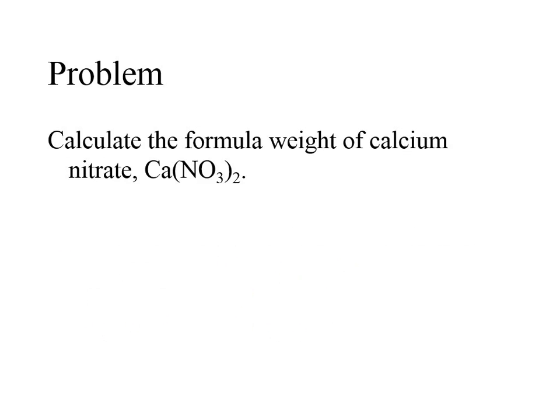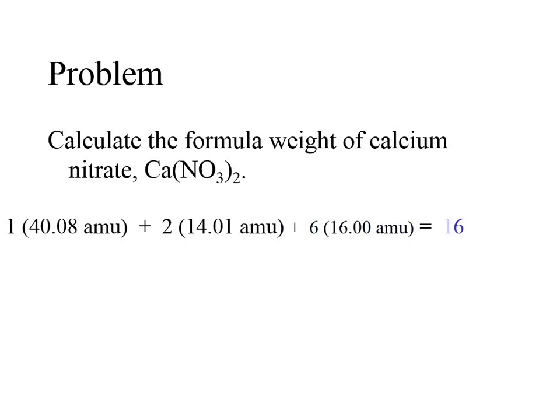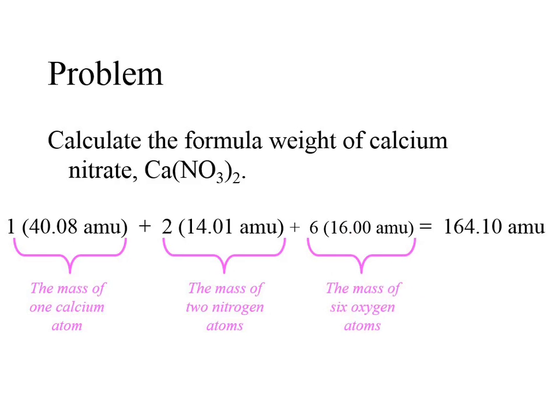Let's do another one. Let's do it for calcium nitrate. Since calcium's a metal, this is an ionic compound. So the weight of this is a formula weight. All right, so here we go. 1 times the mass of calcium, which is 40.08 AMUs, plus, now we have to consider our nitrate, but we have 2 NO3 groups.